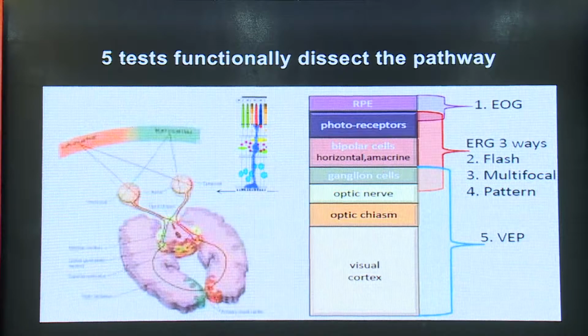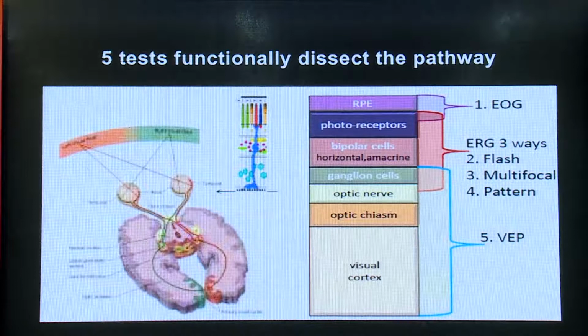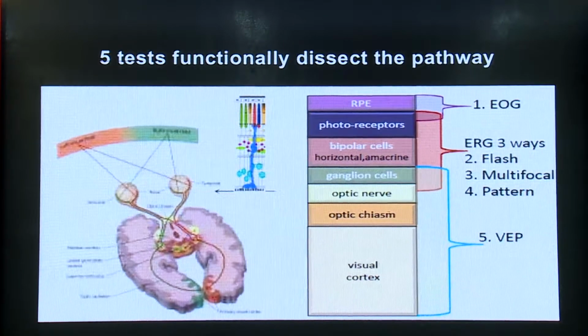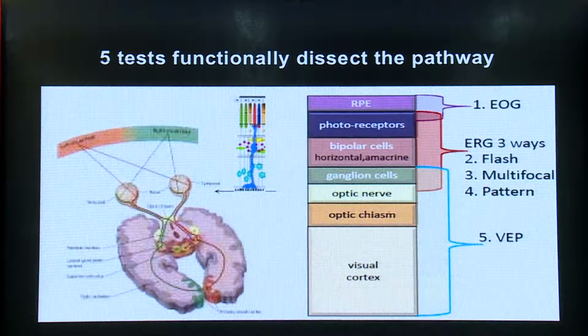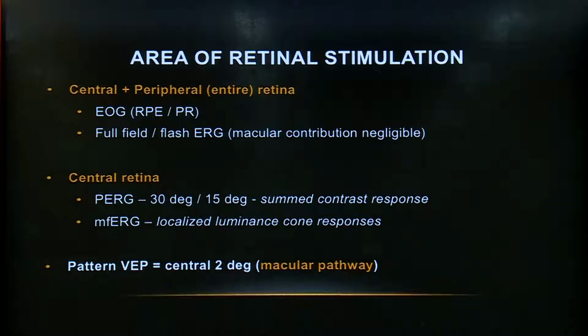So just to revise, the EOG looks at the RPE, the ERG, which can be flash, multifocal or pattern, looks at the retina right from the photoreceptors till the ganglion cells, and the VEP from the ganglion cells up to the visual cortex. Now, what about the area of retina that is stimulated? For ERG and EOG, remember that these are mass responses.